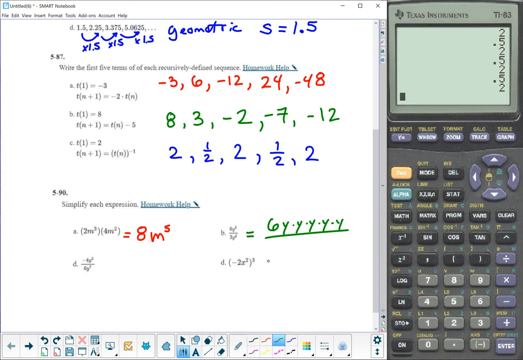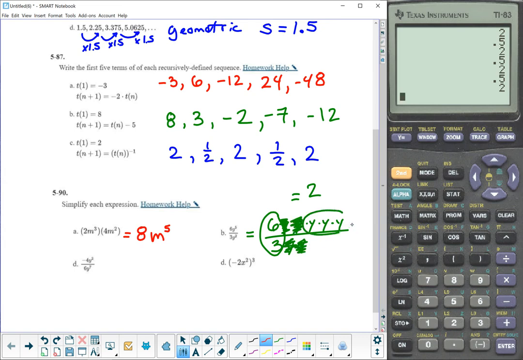Okay, so next one, the bottom is going to be 3, and then you get y squared. So y times y, right? And now you're going to go ahead and play with this. So 6 divided by 3, that makes, here, I'll put it up here, that makes 2. Okay, and the y's, this y right here cancels out with that y, so no more. This y cancels with that y, so no more.